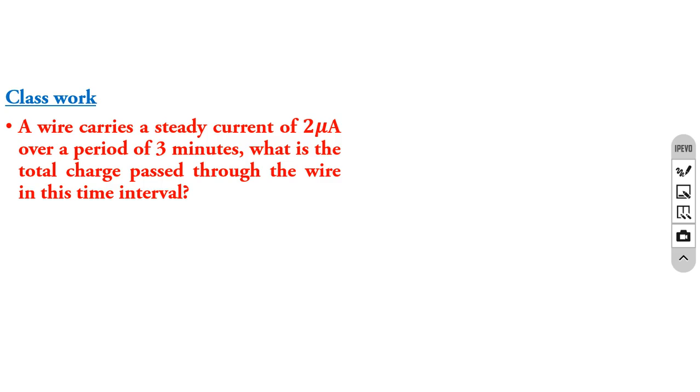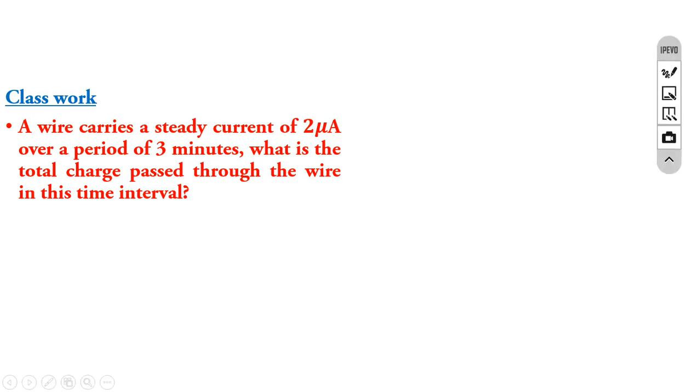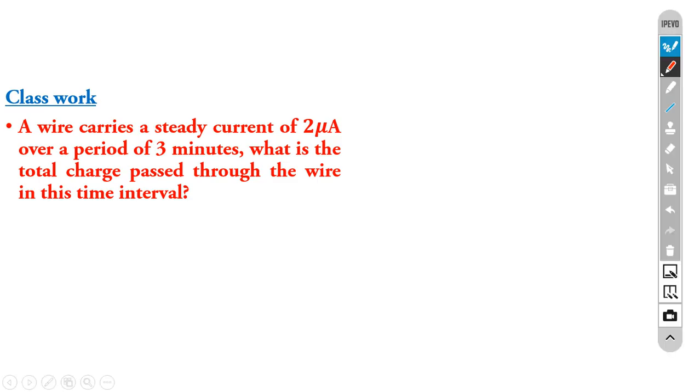This one is a classwork. It's similar to what I just solved. But in this case, you see that the current that is given is two microampere. So all you need to do is you should know the meaning of what micro is. It is 10 to the power minus 6.